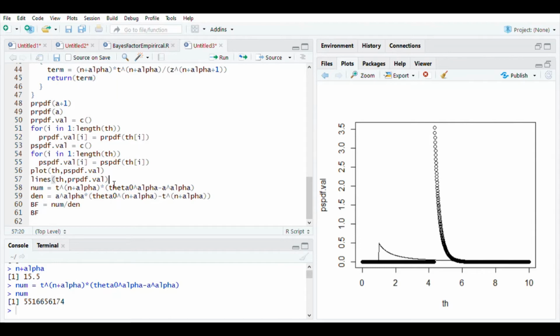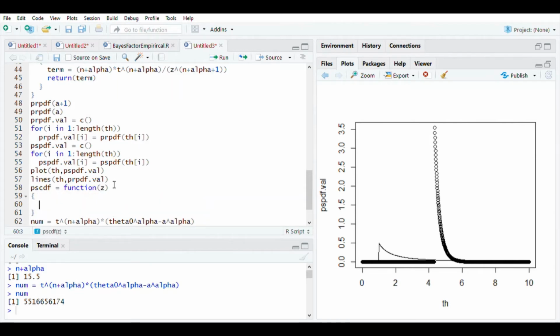So what we can do is simply compute the CDF. Similar to this, we can write a function to compute the posterior CDF. Suppose the posterior CDF is computed at point Z. So you can compute the posterior CDF or posterior survival function.